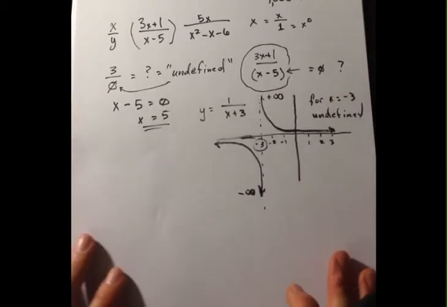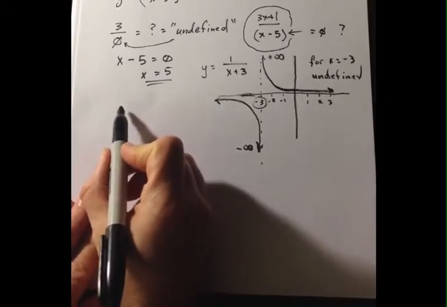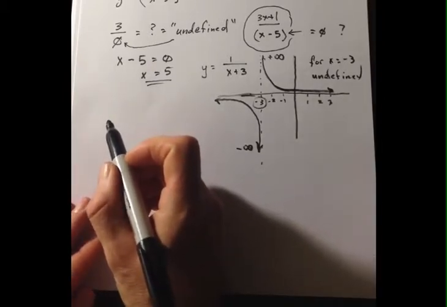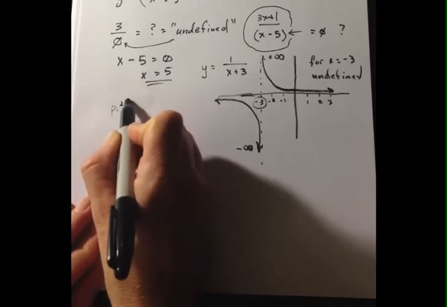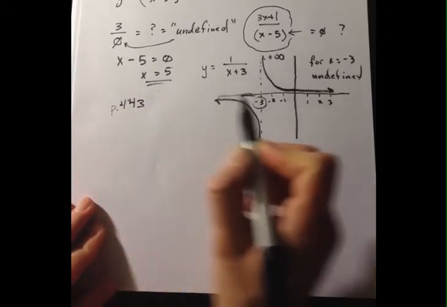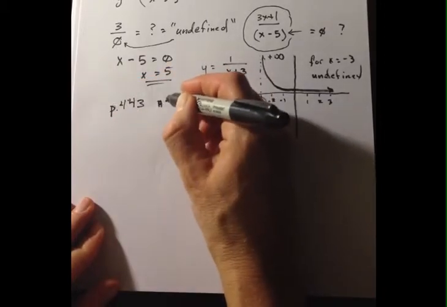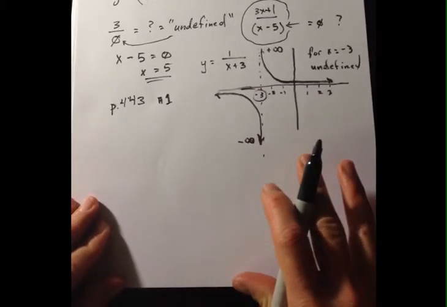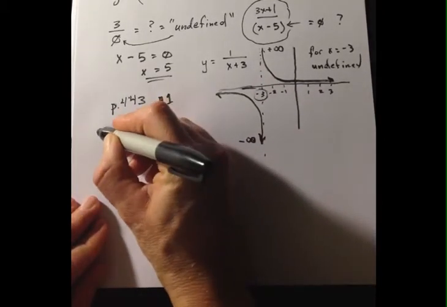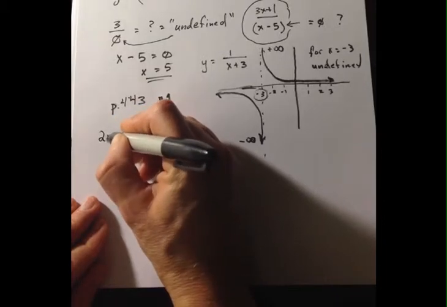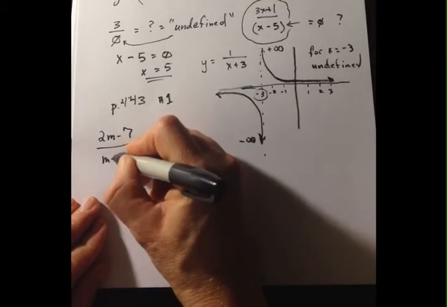If we do practice number 1 out of your textbook, on page 443, practice 1, not example 1, they give us the rational expression 2m minus 7 divided by m plus 4.